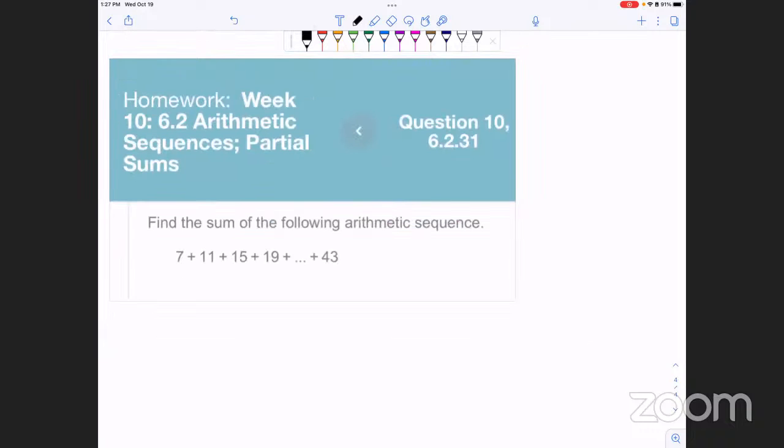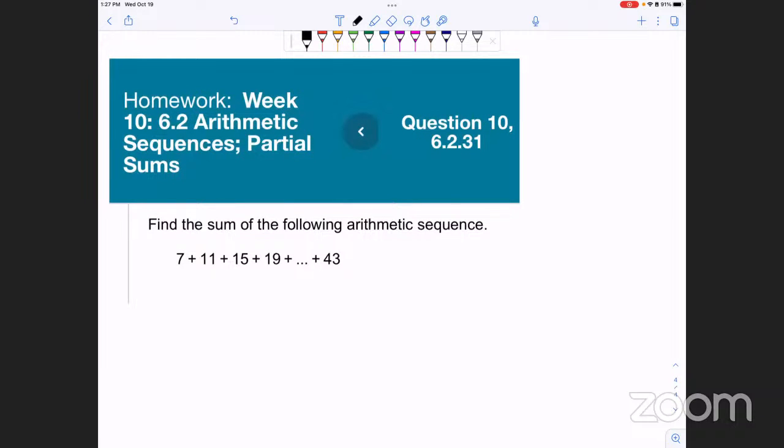Okay. All right. So find the sum of the following arithmetic sequence. Okay. So a couple of things here. Since we're working with an arithmetic sequence, it's a good idea to start with the general term of an arithmetic sequence, which is the first term plus n minus 1 times the common difference. Last time we also came to a conclusion for the sum of the first n terms of an arithmetic sequence. So the sum of the first n terms, let me see.